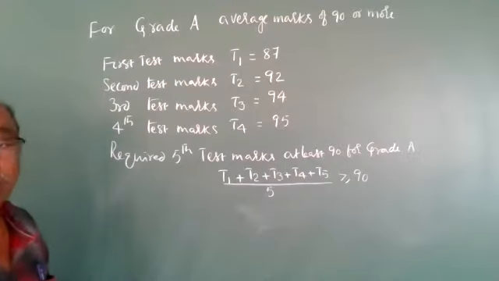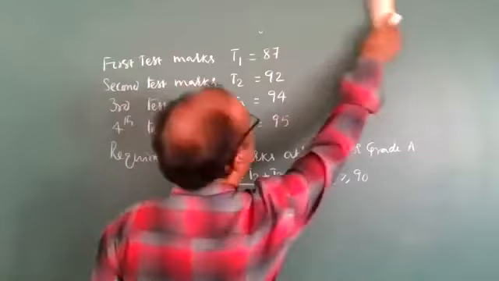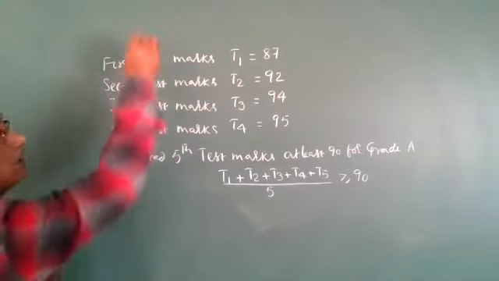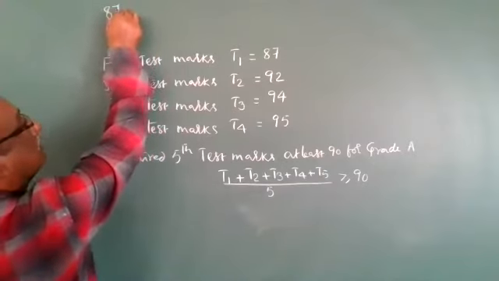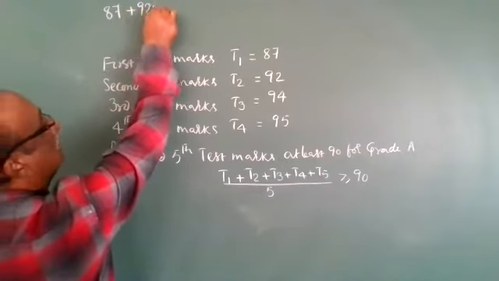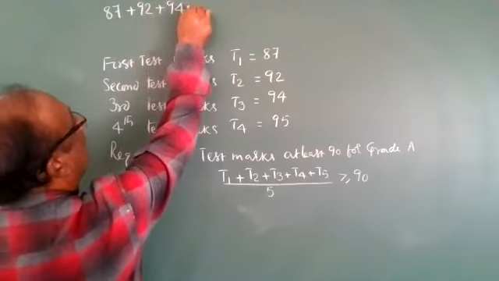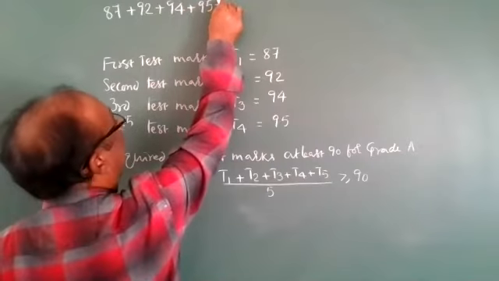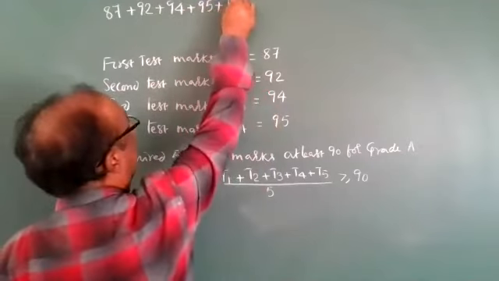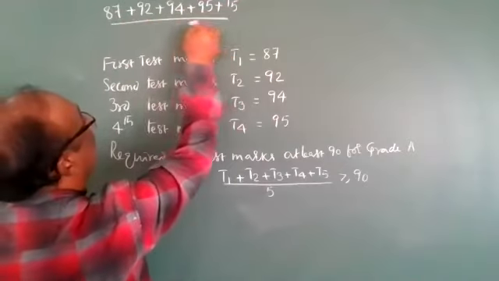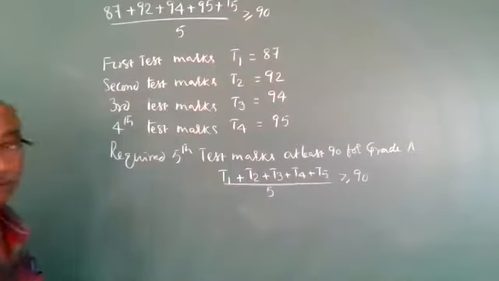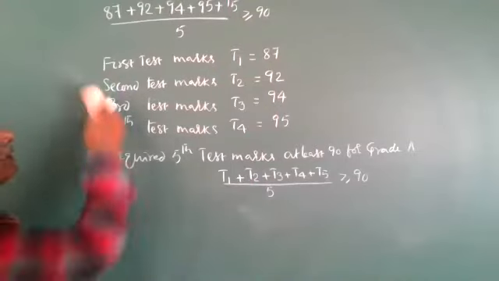Now write down the T1, T2, T3 test marks. T1 marks is 87, T2 marks is 92, T3 is 94, T4 is 95, and T5 is required, divided by 5. The average is at least 90 required.